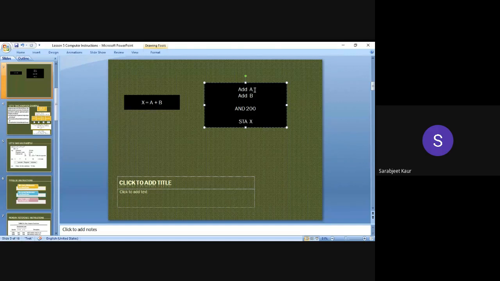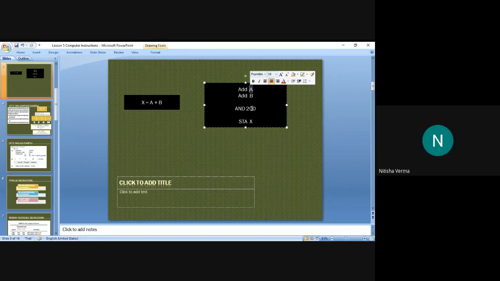This actually means going to this address A, the underlying address of this variable A, which let's say happens to be 200 in our case, and whatever operand is there, add it to AC, if you remember.